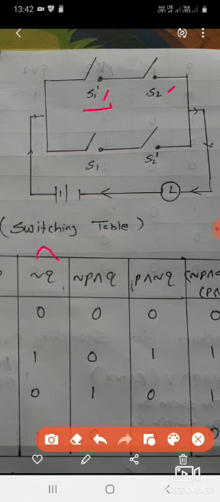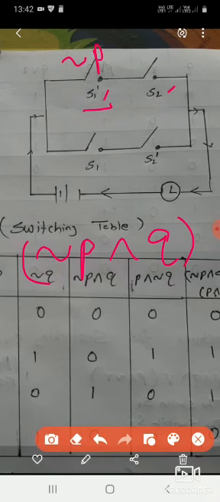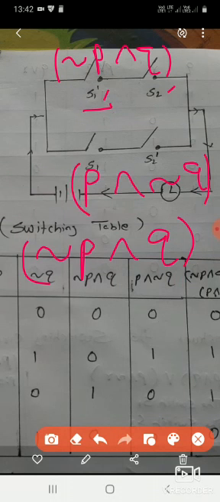Negation of P and Q are in series connection. It is negation of P and Q. It is P and negation of Q. Now we can select either the first or the second one. So in between the R connection is going to come.